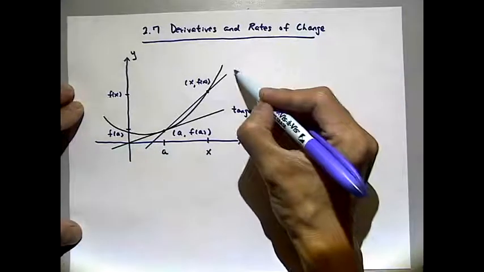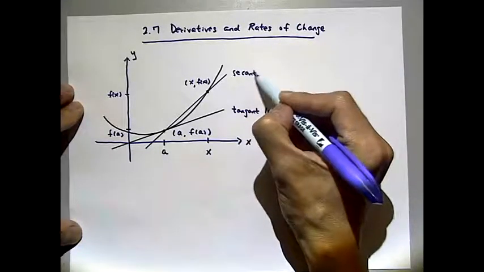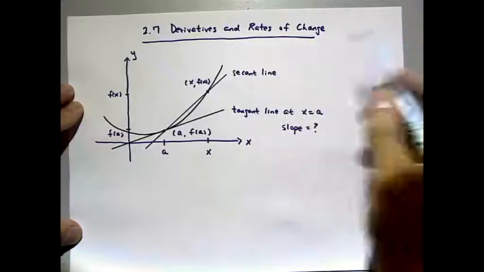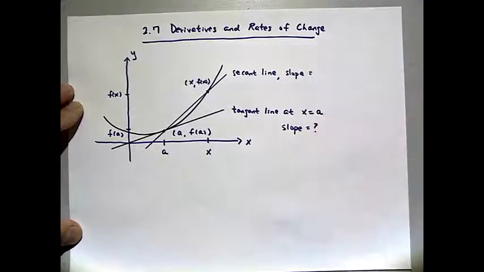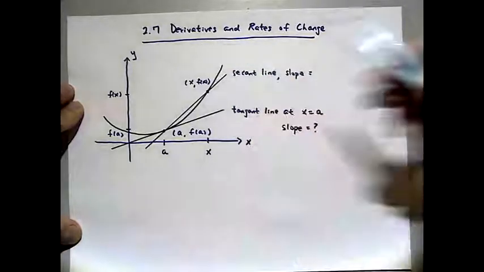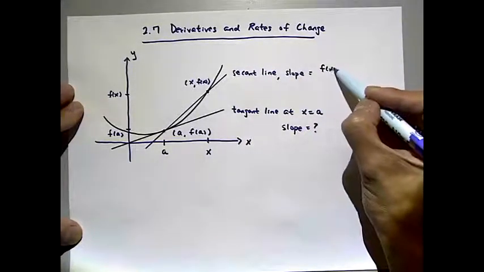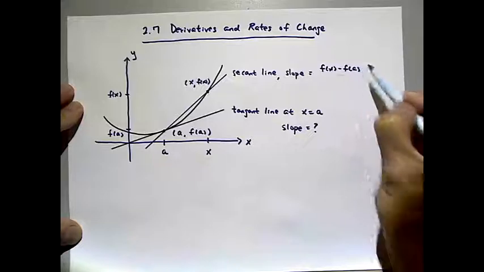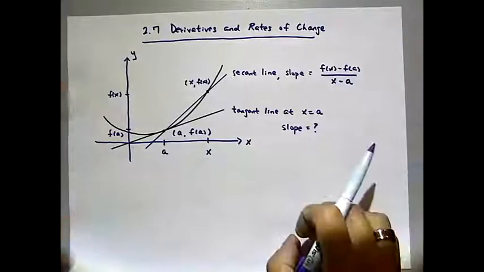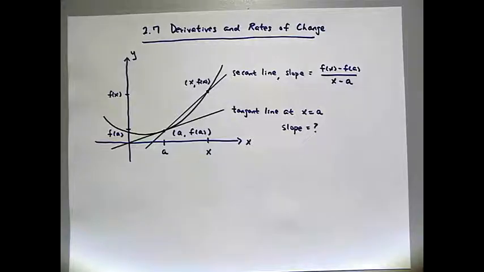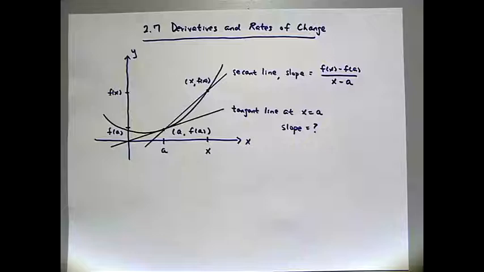All right, so there's my secant line. And the slope is easy. The difference in y over the difference in x. Okay, none of this is new. We've seen this before.